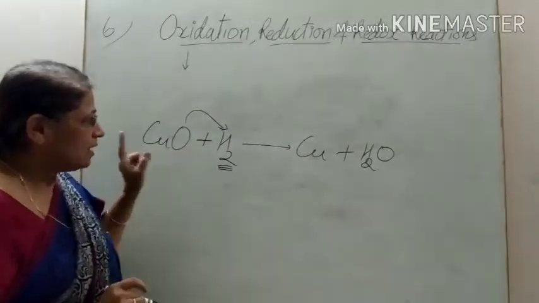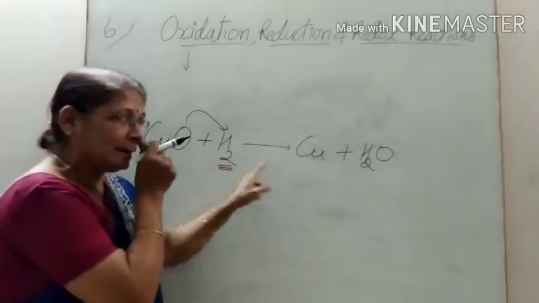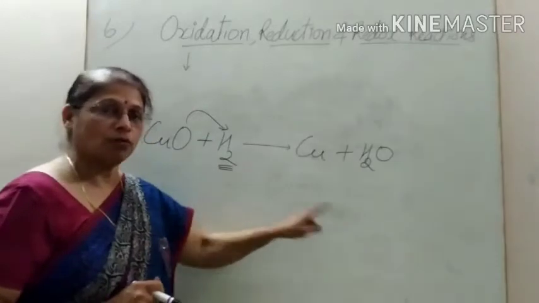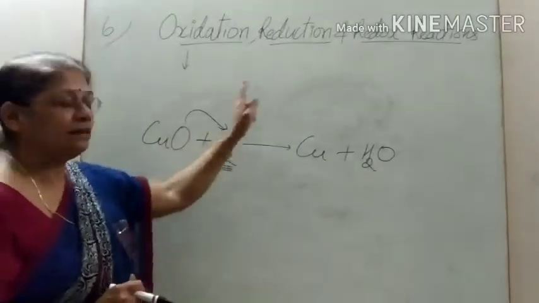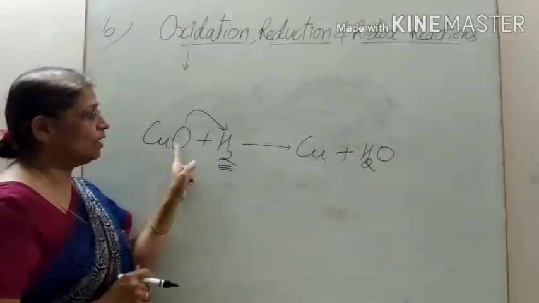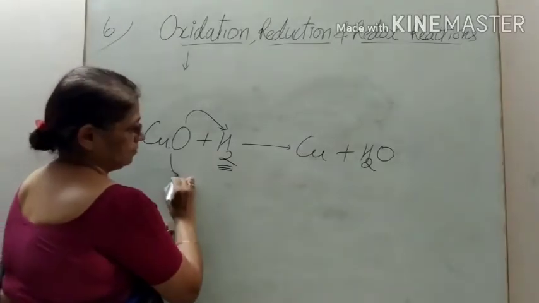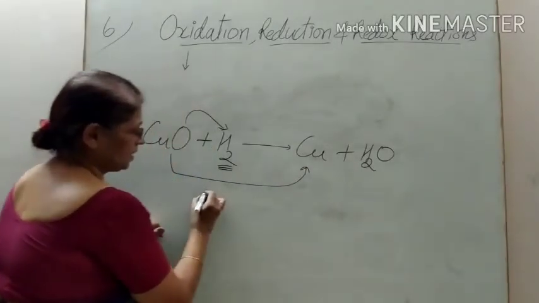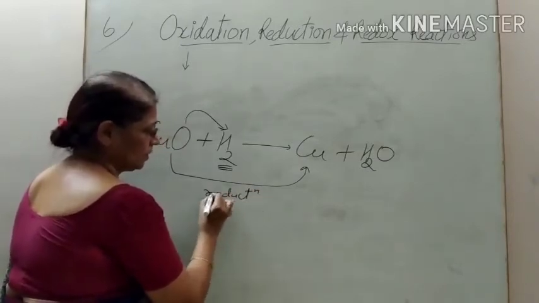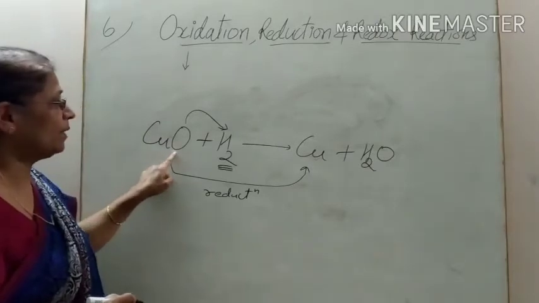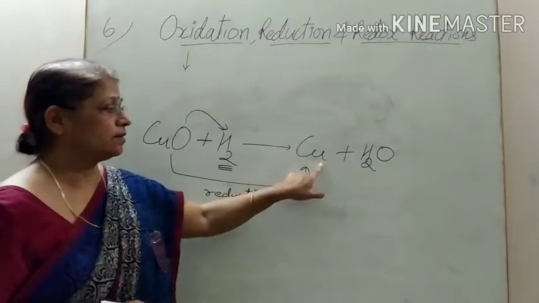It means oxygen is removed from copper oxide and added to hydrogen. So one more concept we get regarding reduction: removal of oxygen is reduction. Here copper oxide loses its oxygen, so this is reduction.